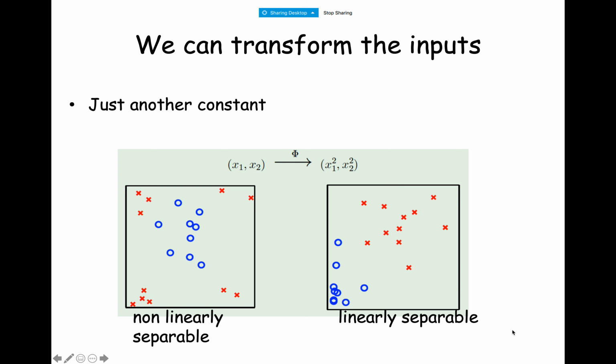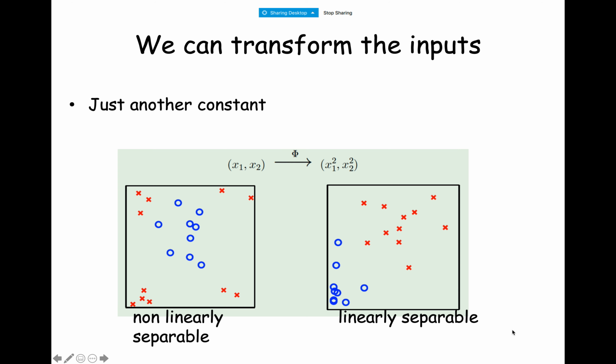In this case, we start with our original data set, and the blue points are not linearly separable from the red points. We have the x1 feature and the x2 feature, and each pair represents a particular vector, right? So this is a two-dimensional feature space representation that is not linearly separable.